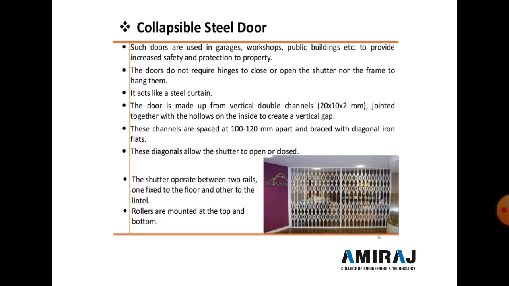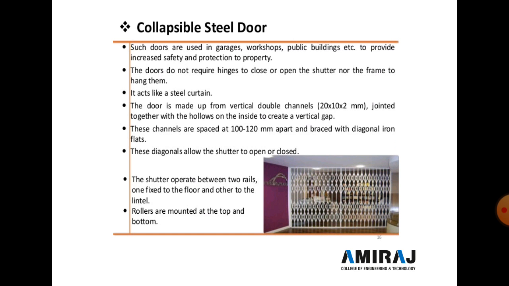This type of shutter is generally seen in shops, like a gold shop. This type of steel door is provided, and the door does not require hinges to close or open the shutter, nor a frame to hang them. It acts like a steel curtain.